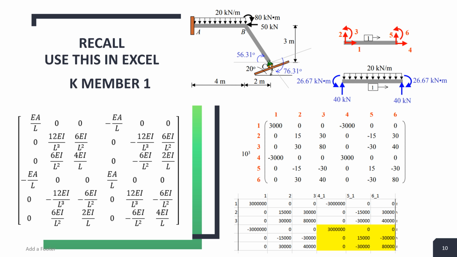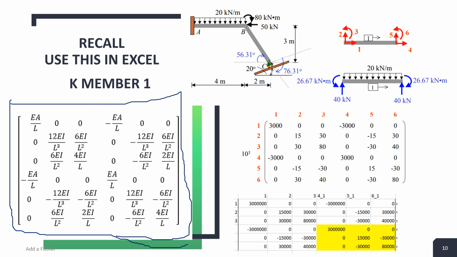So what you do is just substitute the properties of EA and L according to this arrangement, and the beauty, like I've said, it has to be symmetrical. So if you check this, is it symmetrical this way and that way?